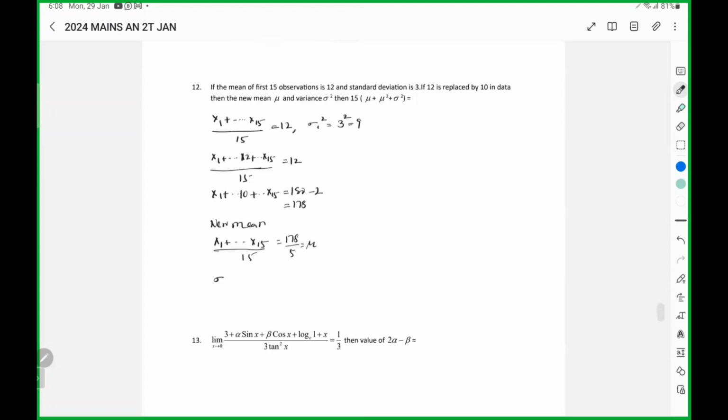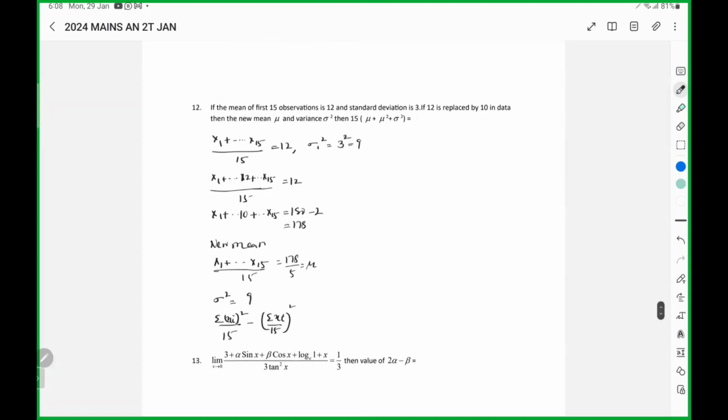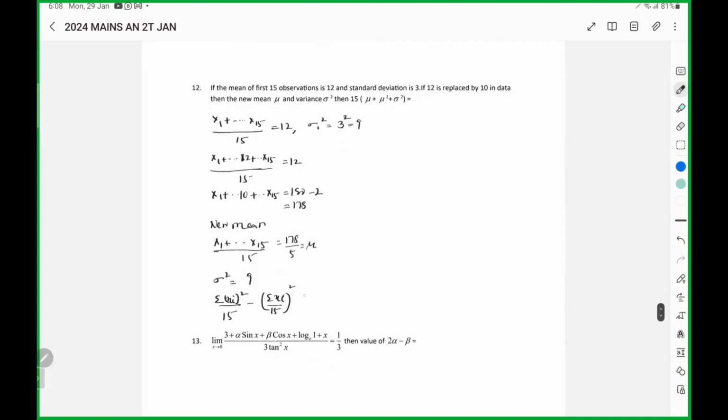So then sigma square is 9: sigma xi square by 15 minus (sigma xi by 15) whole square is 9. So now what we have to find is x1 square plus ... plus x15 square.